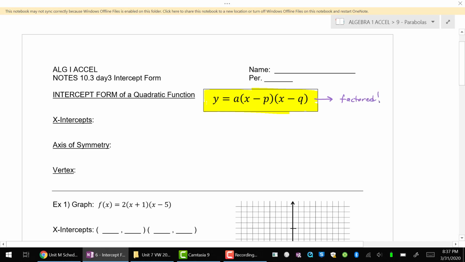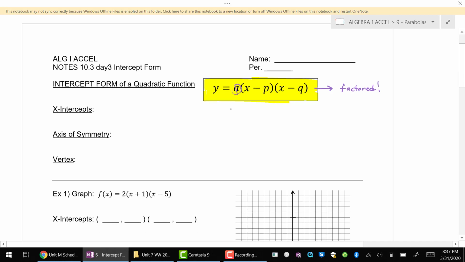You can see the two factors in this case, x minus p and x minus q, where p and q are numbers, they're values. There's that a coefficient in there as well, that leading coefficient. But it looks a little different than what we are used to.